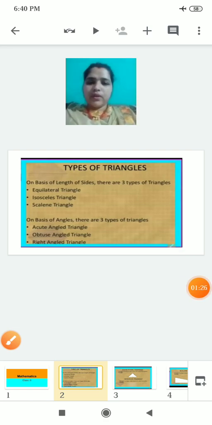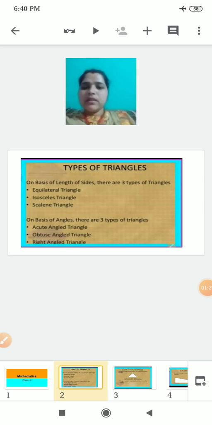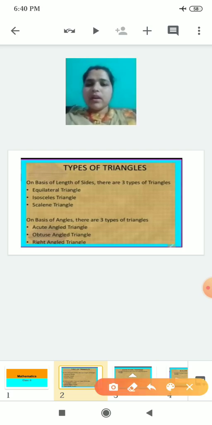So here we have three types of triangles according to the sides. First we have the equilateral triangle, second the isosceles triangle, third the scalene triangle.